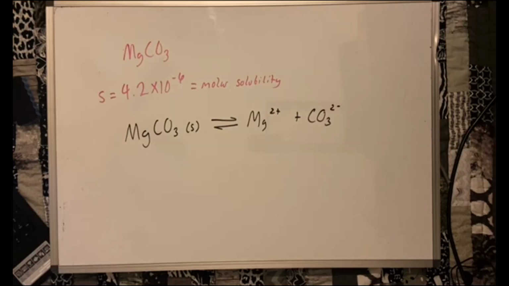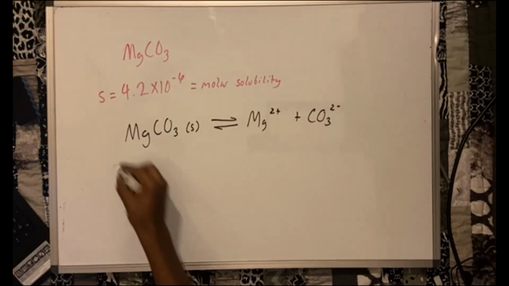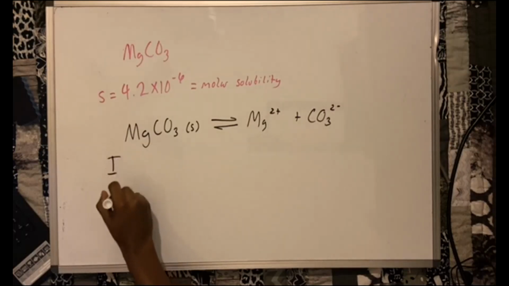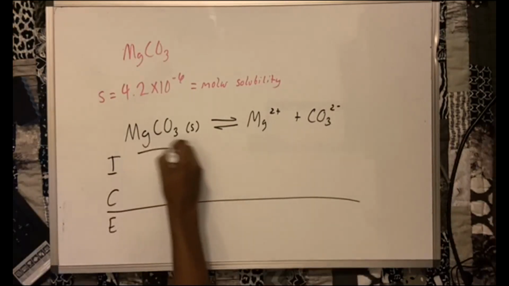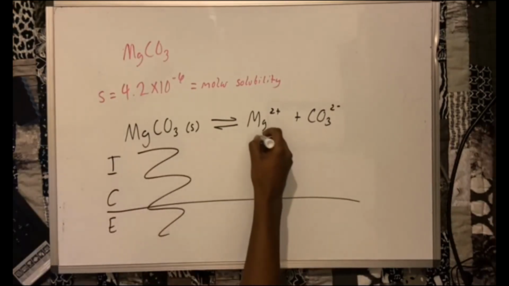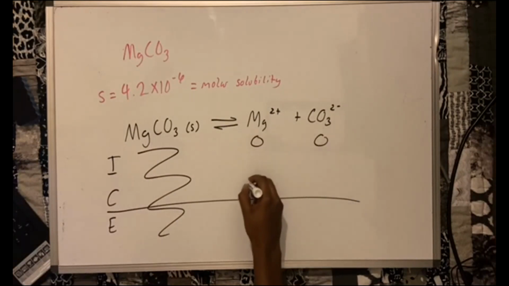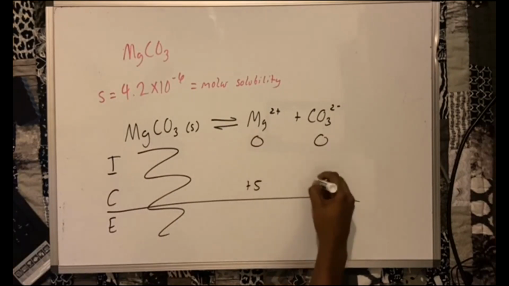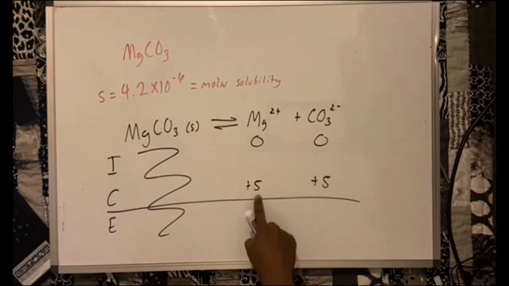So we have my ICE table, and you ignore the solid. We have none of those initially, and then you add S. We did S here instead of X, so that's the S in question.